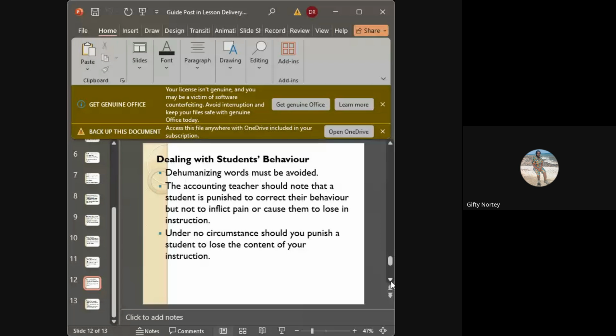Sometimes myself too, this is what I do. Before I start my lesson, if they are talking, I tell them to stop talking, else I will do this or do that. And if I'm teaching and I realize that somebody is misbehaving, I just turn and start looking at the person.